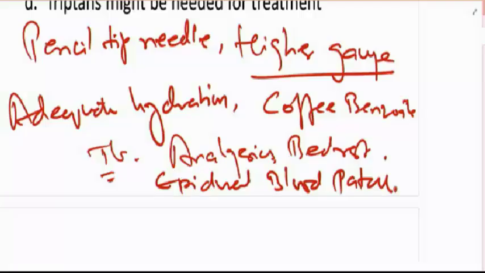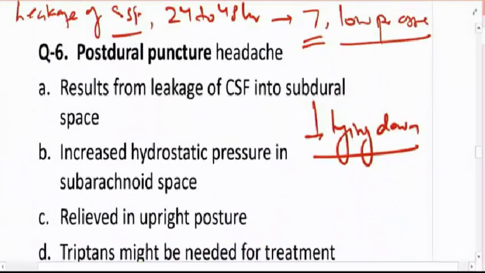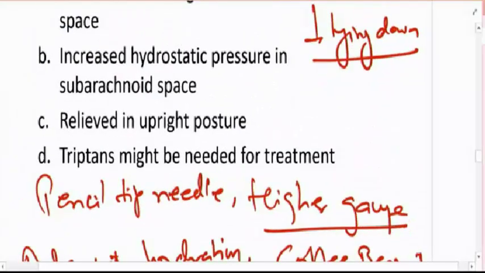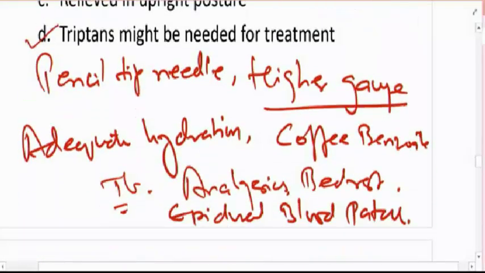It will form a clot and it will seal the dural puncture site. So that is the most definitive treatment, that is epidural blood patch. So answer to question number 6 is D. Triptans may be needed for the treatment.